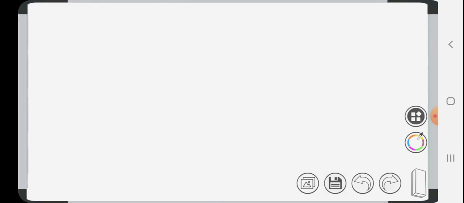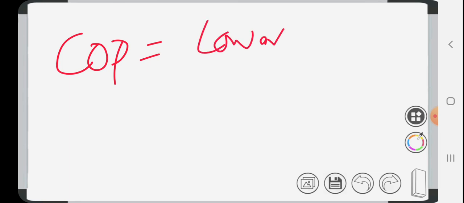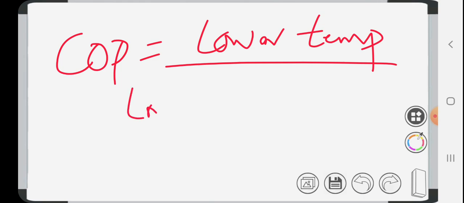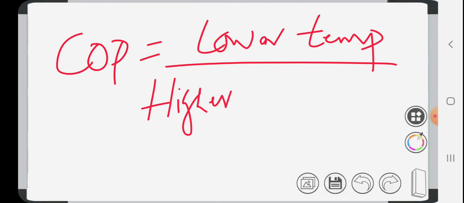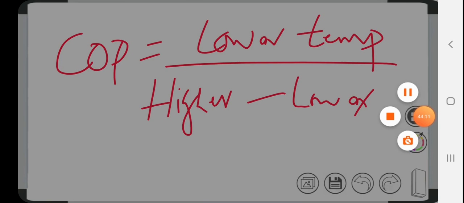Just make sure that COP is nothing but lower temperature by higher temperature minus lower temperature. So this is how we calculate the COP of a refrigerator.